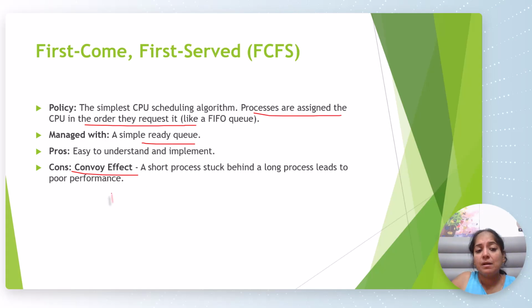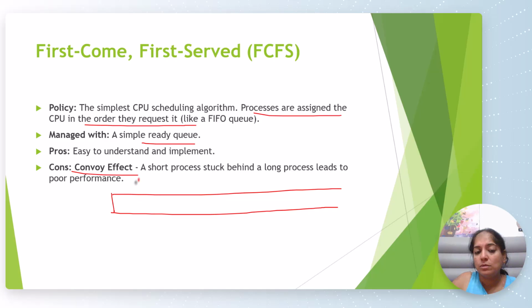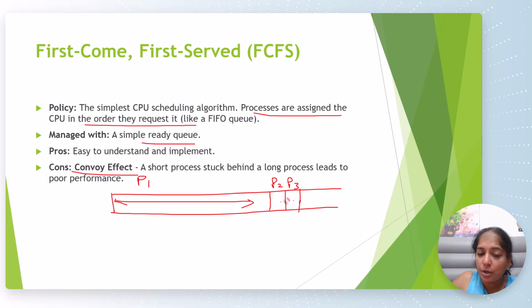For example, in the queue, the first process is a very long process. And for example, after this, we are having very short processes. So, these two processes have to wait a long time because they are waiting for a long process to complete.